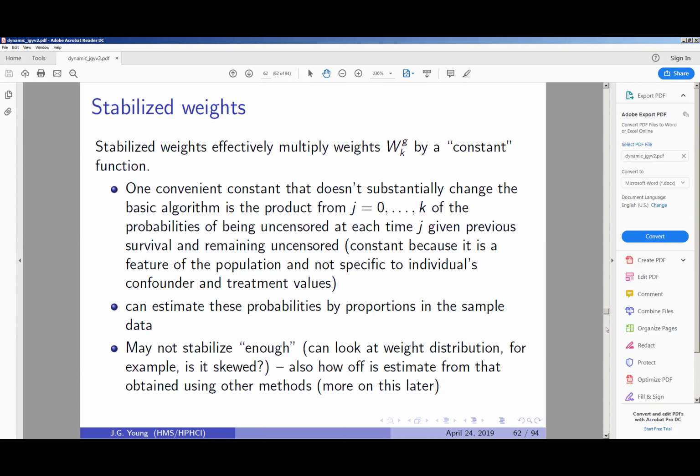Yeah. So, next question. Can you further clarify why we need to impose artificial censoring for dynamic treatment strategies and not static treatment strategies? Well, you can impose artificial censoring for static treatment strategies.